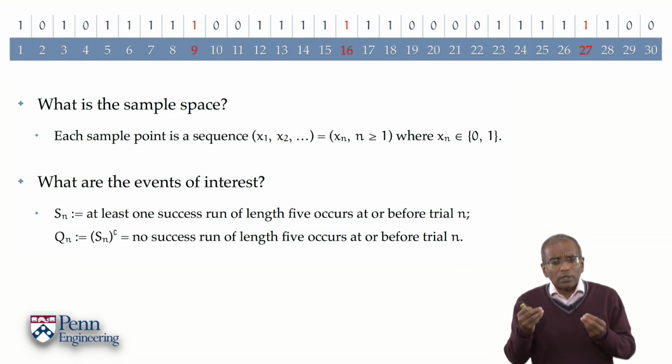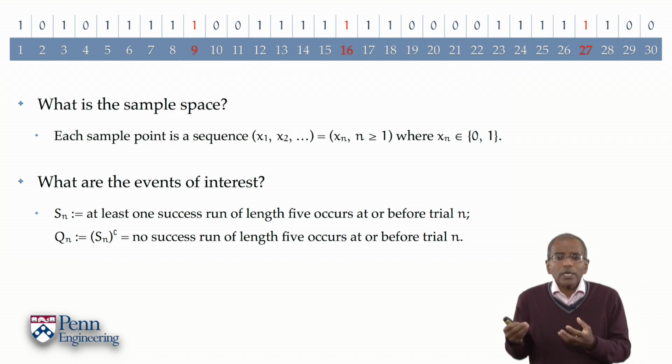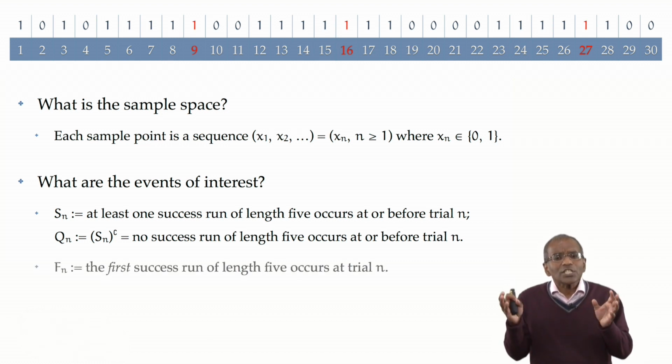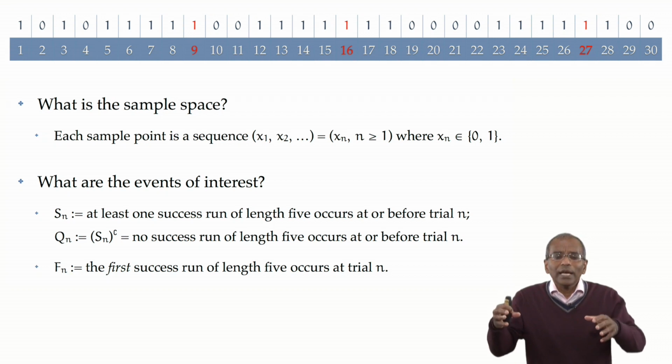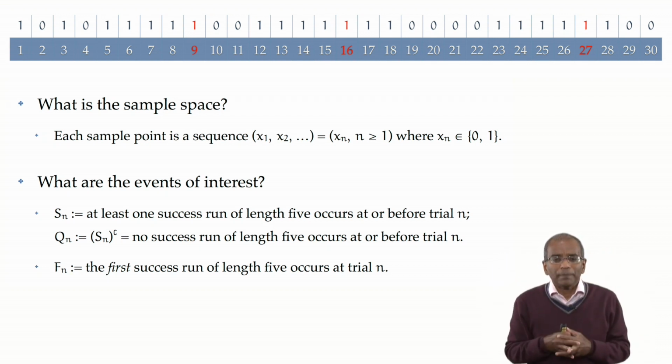A natural event of interest, then, is the question of, well, where is the first run of 5 successes? Does that occur? And so accordingly, let's promptly define a new event, anticipating that this just might be useful in stitching together a bigger picture.